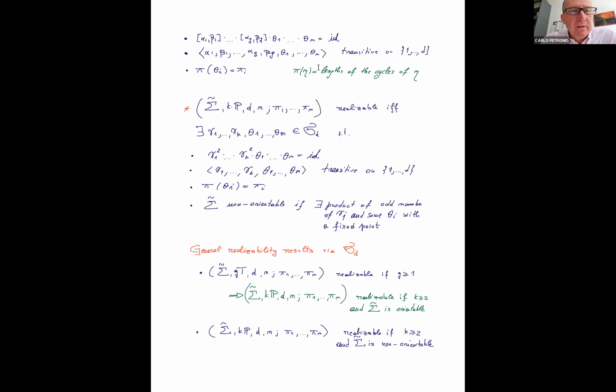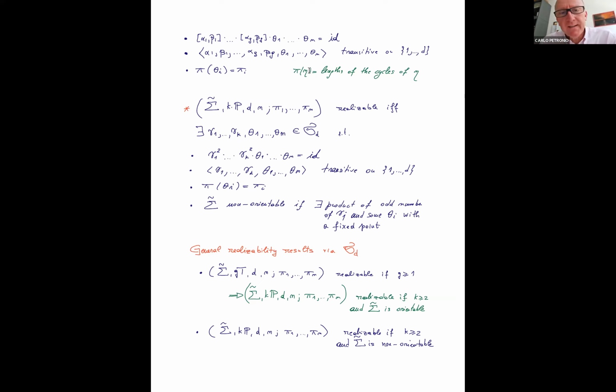And then the main condition is, I forgot to say, the notation: pi of a certain permutation on the D elements is the set of lengths of the cycles. Of course, the set of lengths is an unordered set of numbers allowing repetitions.